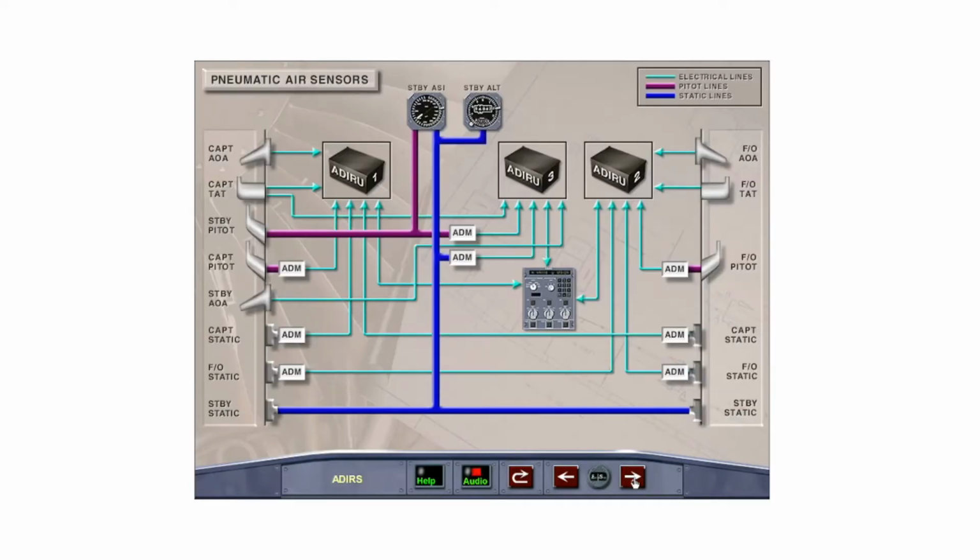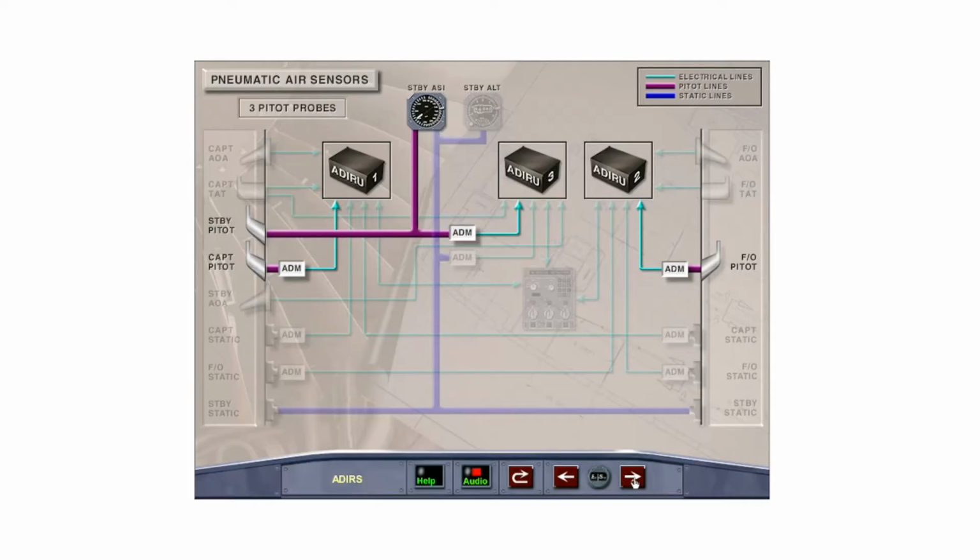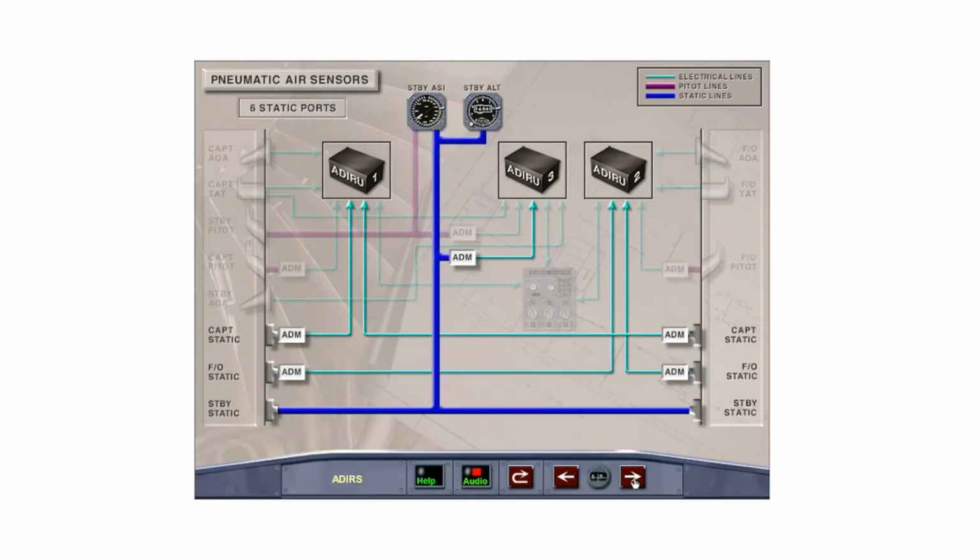The Air Data Reference Section receives pneumatic air data from 4 types of sensors. The 3 pitot probes are the captains, the first officers, and the standby probes. The 6 static pressure ports are 2 captain, 2 first officer, and 2 standby ports.